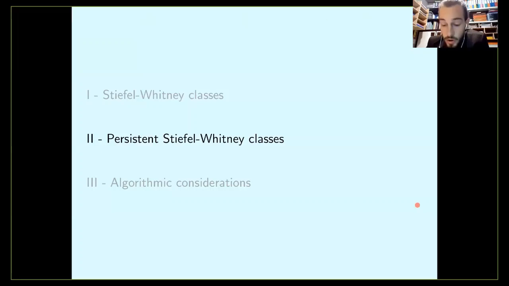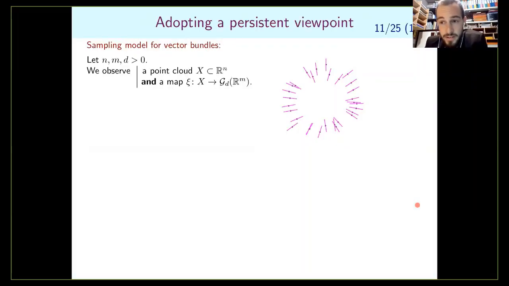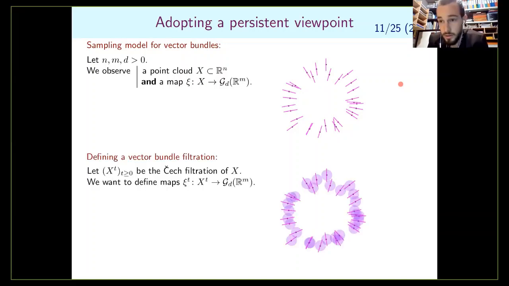Okay, now we want to estimate these classes in practice. So we need a sampling model for vector bundles. I say that we observe a vector bundle if we observe a point cloud X, a subset of R^n, and a map that goes from X to the Grassmannian. So we endow X with a vector bundle structure with respect to the second definition. And as for persistent homology, we would like to define a Čech filtration of that.